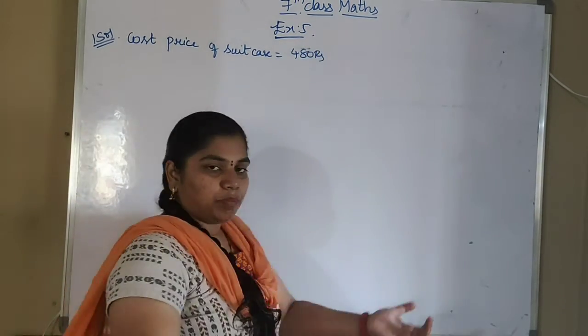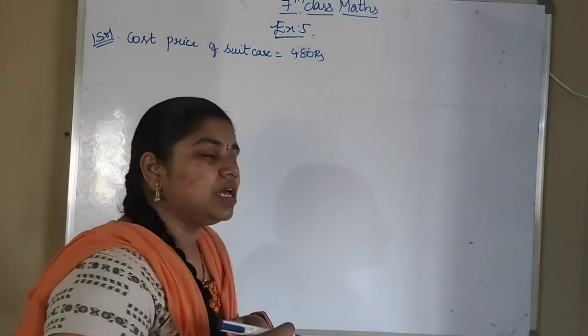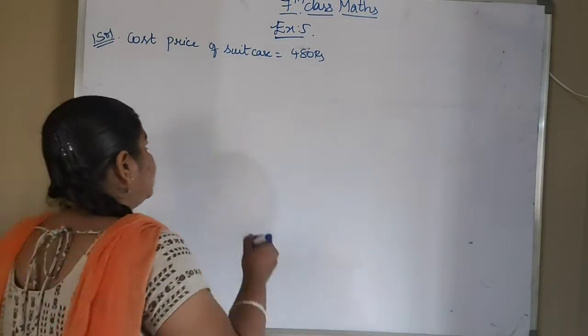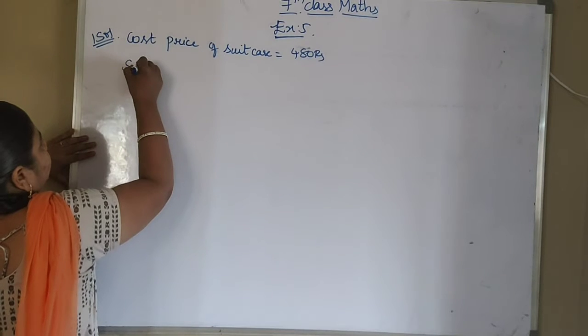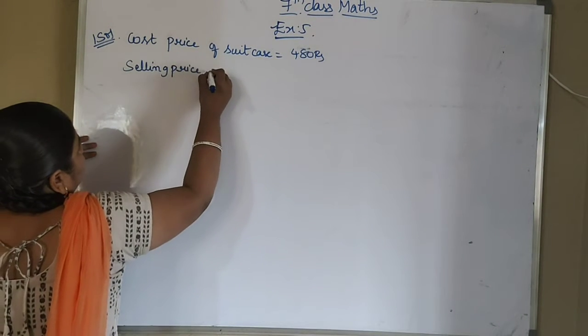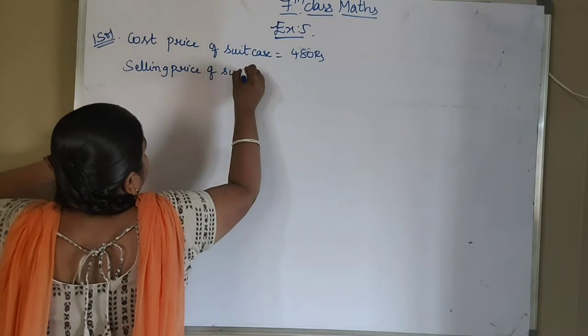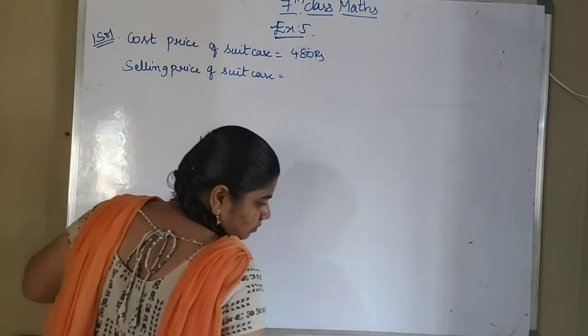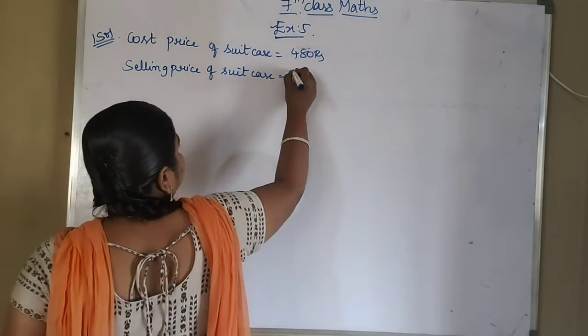That means I bought for 480 rupees and I sold for how much? That is 540 rupees. Sold is nothing but selling price. Selling price of the suitcase is 540 rupees.